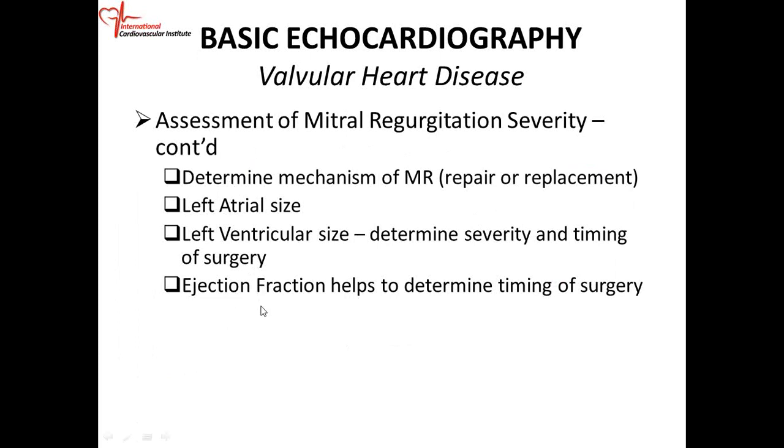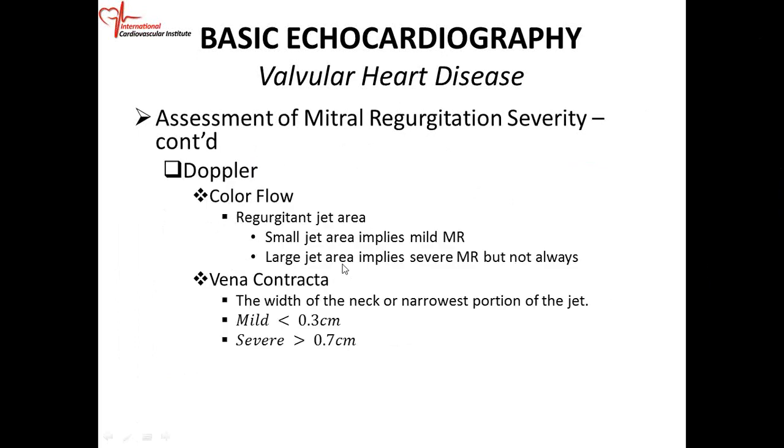So timing of the valve repair or replacement is crucial in patients with mitral regurgitation. You want to fix the valve before the ejection fraction falls too low. Okay. All right. And that can also be an exam question.